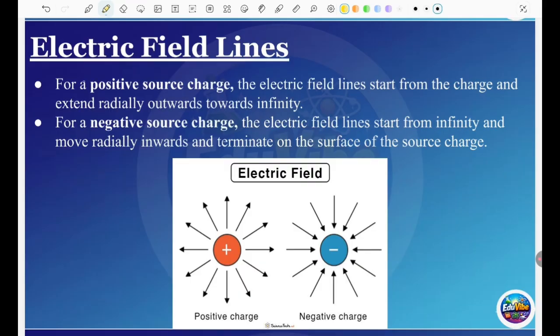For a positive source charge, the electric field lines start from the charge and extend radially outwards towards infinity. For a negative source charge, the electric field lines start from infinity and move radially inwards and terminate on the surface of the source charge. So this is a negative charge and that was the positive charge case. Electric field lines do this type of thing.